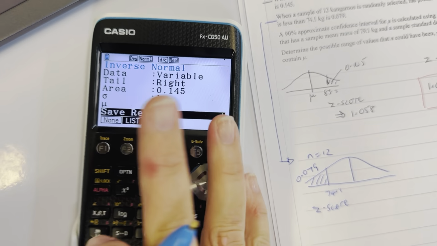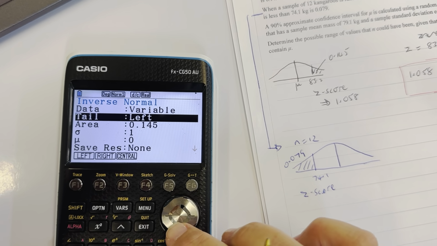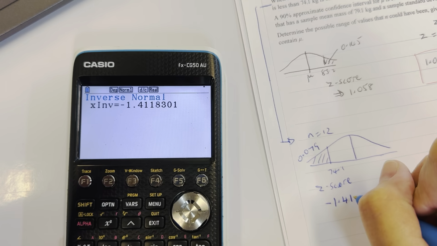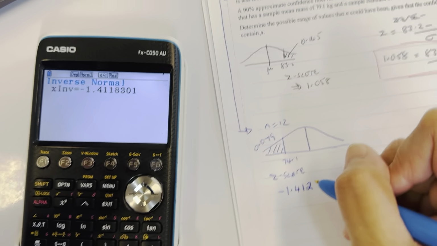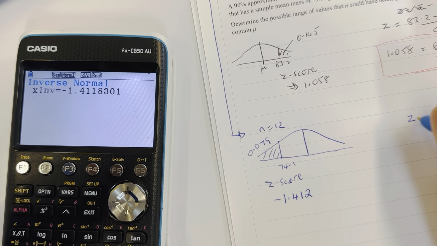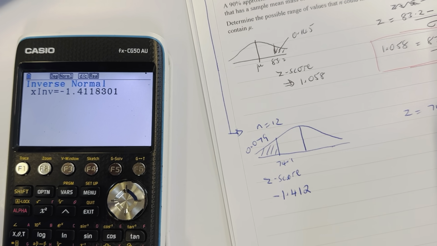So I'm going to exit back out and make this a tail left. Sorry, and it was 0.079 this time. So that gives me negative 1.412. So going over here now, normally we'd go z equals 74.1 take mu, but because it's a sample, our standard deviation changes.